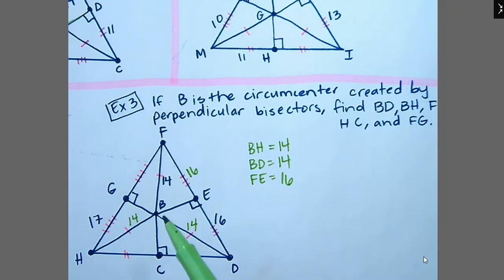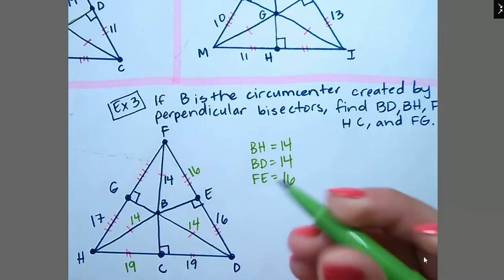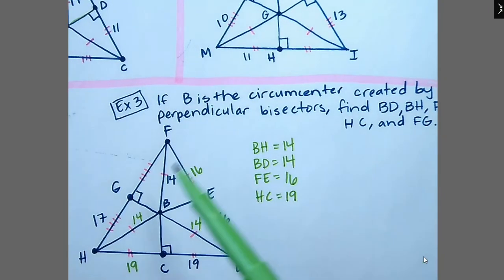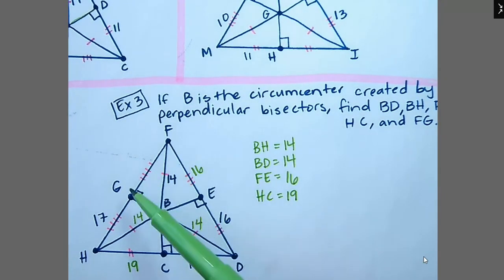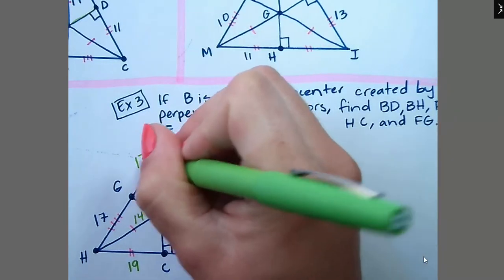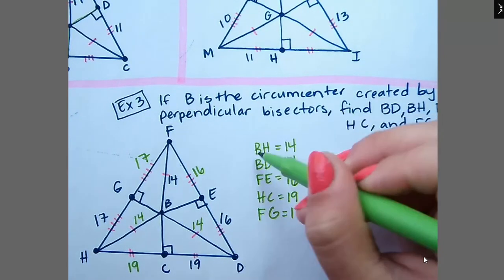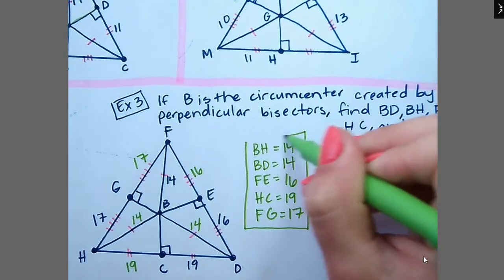Since it is being bisected by this, then that means that it is 19. So HG is 19. And then the last one, FG, is right here. And this is going to be congruent to this segment. So 17. Okay, so this is your answer here.